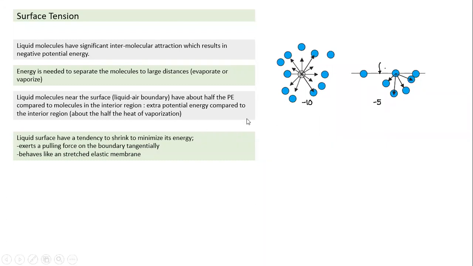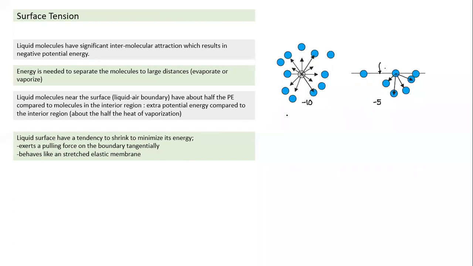How does it shrink? It tries to minimize the area, it tries to pull in. It exerts a pulling force on the boundary in the tangential direction. Wherever the liquid is connected to any boundary, which could be an imaginary boundary on the liquid surface also, at any boundary it exerts a pulling force similar to a string.